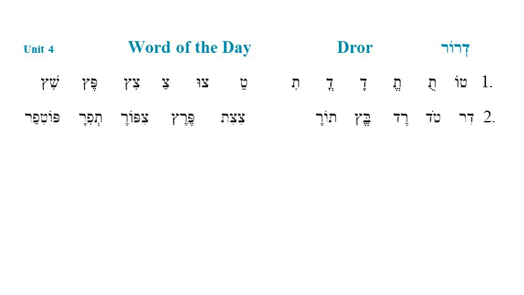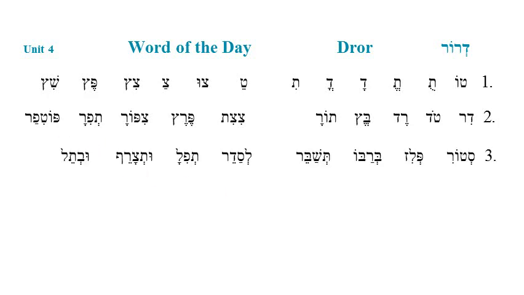Line 2. Deer, toad, red, bets, Torah, tzitzit, peretz, tzipora, tifira.